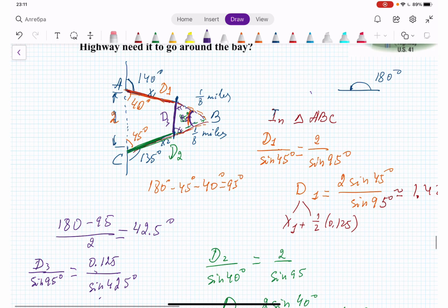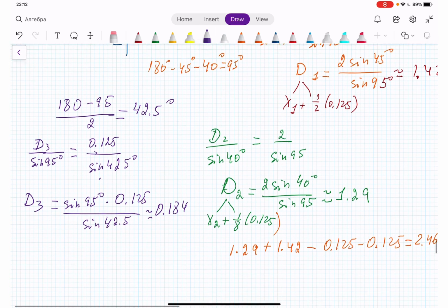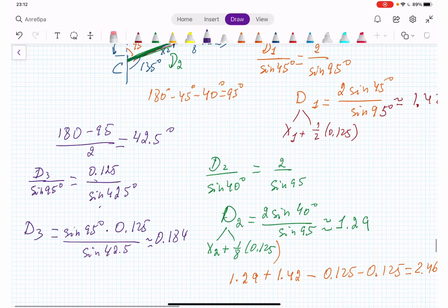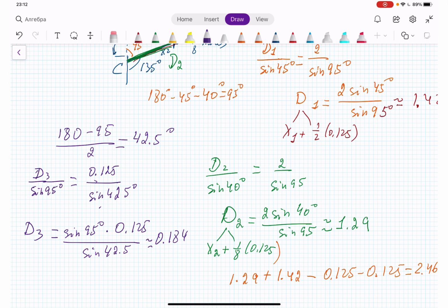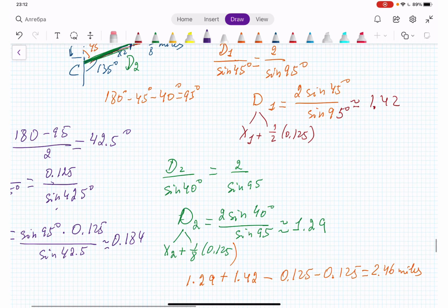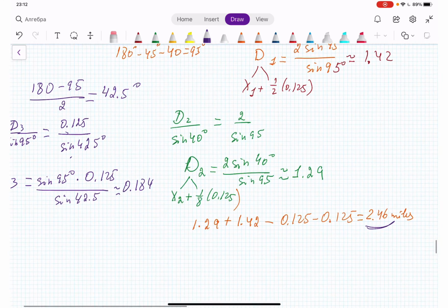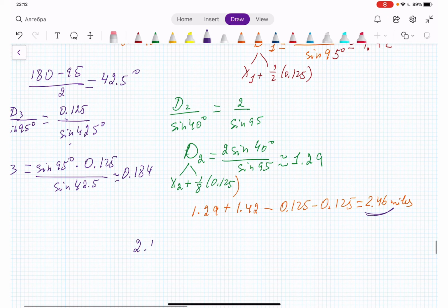Okay, so we have D3, we have X1, we have X2. Let's add them up to get the route. X1 and X2 together is 2.46 miles. So we take 2.46 and add 0.184.